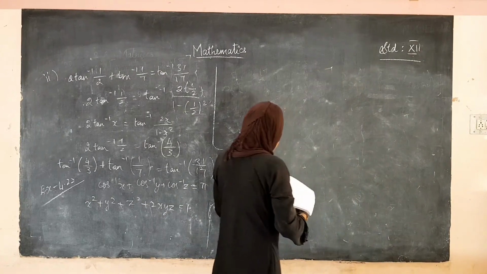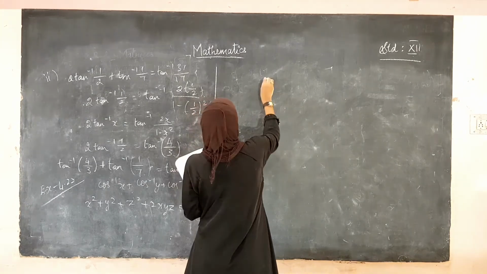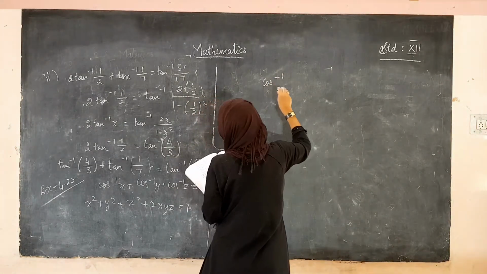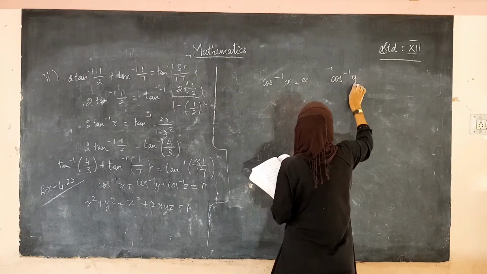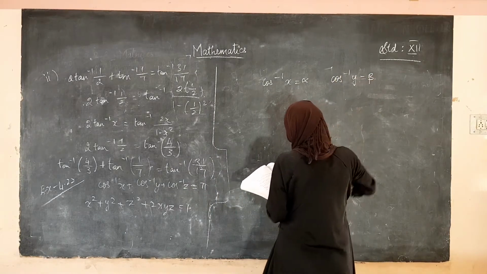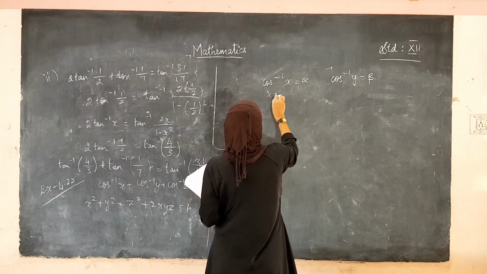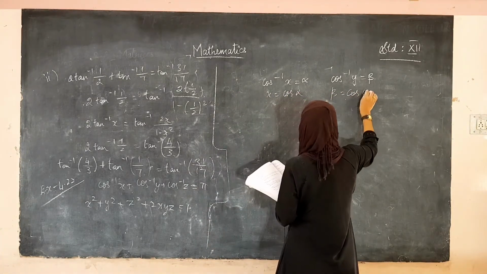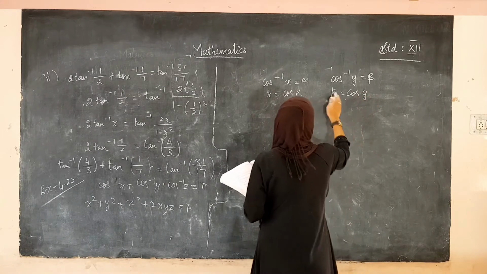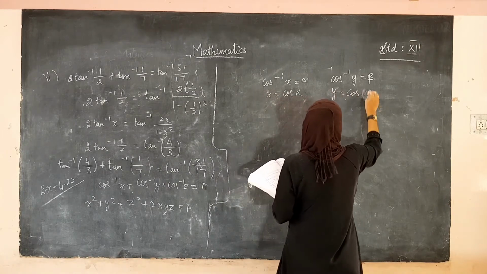First, we are taking cos inverse of x as alpha and cos inverse of y as beta. Then x will be equal to cos alpha and y will be equal to cos beta.